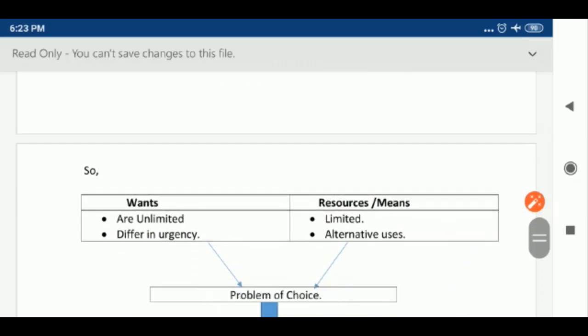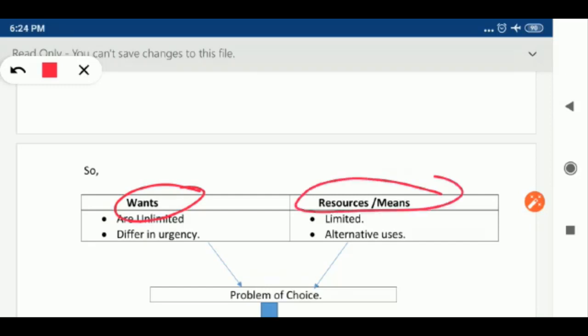There are two main problems which we have discussed with the example, that is wants and means. Wants are unlimited and differ in urgency. You cannot satisfy all your wants at the same time. Which want should be satisfied first, or which want can be postponed for a later time period? And what about your resources?